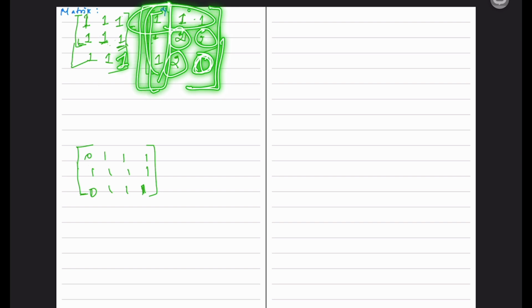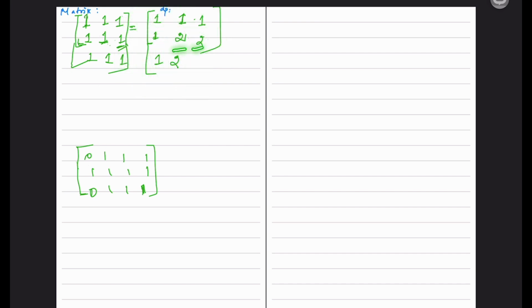Only when these values were 1, only here we'll be getting 2 2 2, right? So to fill this value we'll be checking horizontal, vertical and diagonal. So then we'll know what is the minimum value. 2. So 2 plus 1, we'll be getting 3.